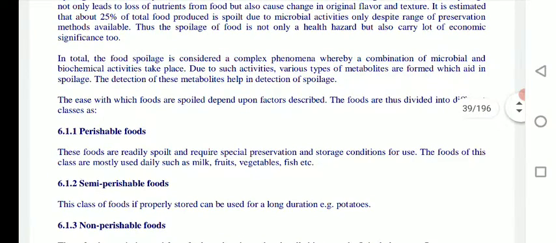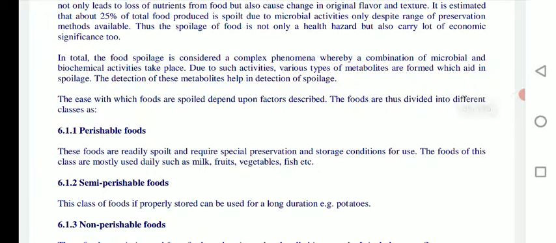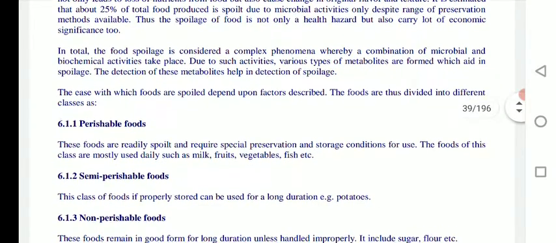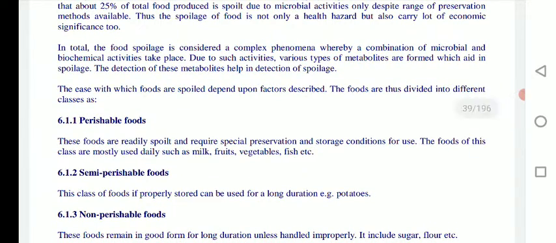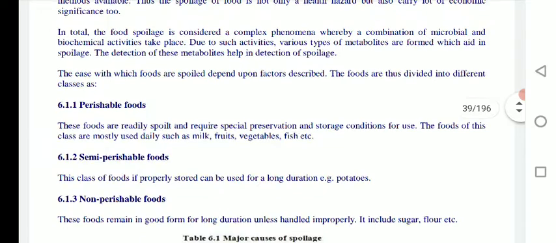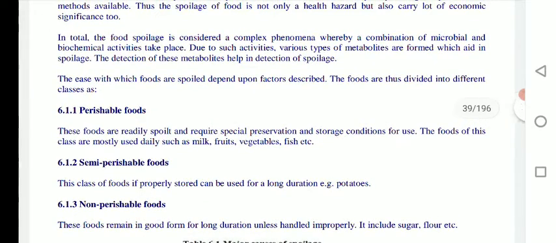Depending upon the spoilage of food, foods are classified into three categories: perishable foods, semi-perishable foods and non-perishable foods. First, what is meant by perishable foods? These foods are readily spoiled and require special preservation and storage conditions for their use.